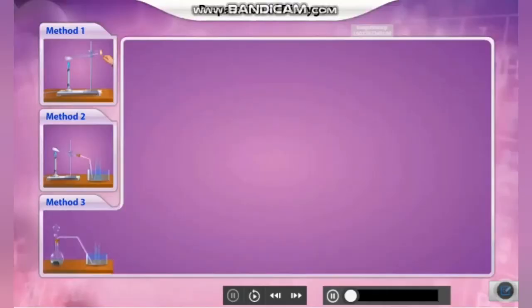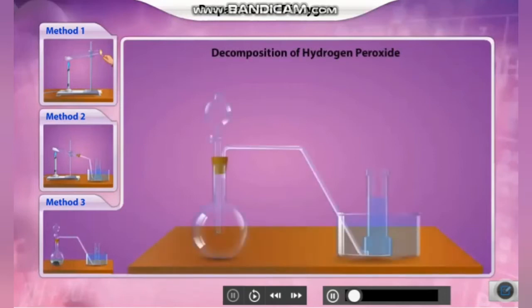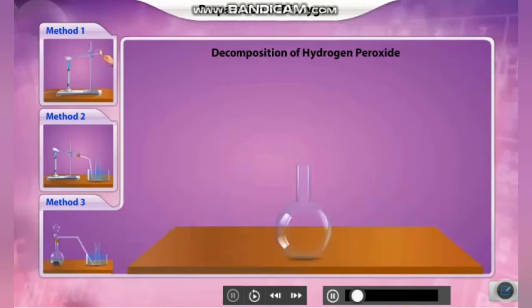In the third method, dioxygen is prepared by decomposition of hydrogen peroxide. Powdered manganese dioxide is taken in a flat-bottomed flask. The mouth of the flask is closed with a stopper with two inlets.